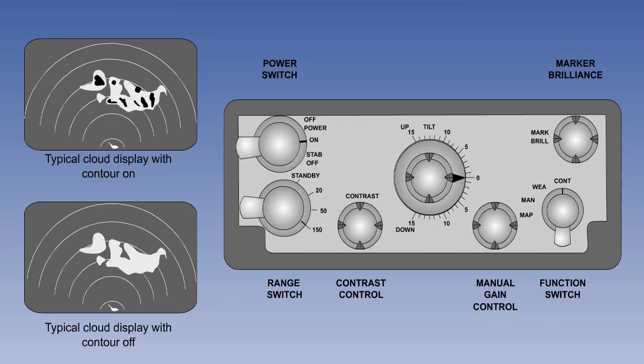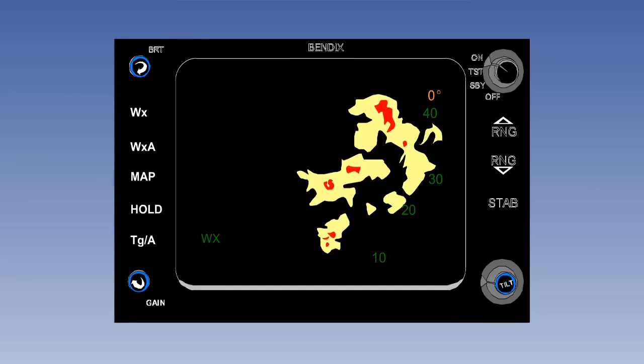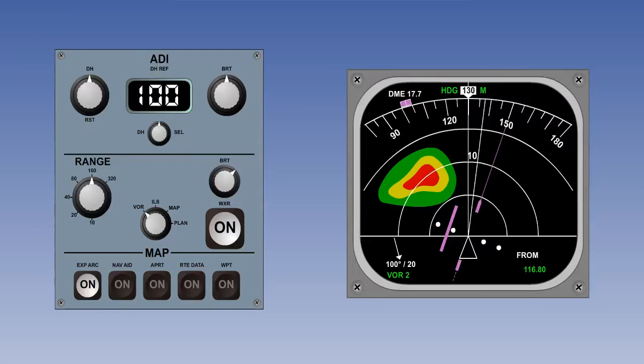The last of the function switch settings is the contour setting, which applies only to monochrome systems. It portrays in black the areas of most likely turbulence, like red and magenta on color radar. Modern color radar displays may be on a dedicated screen or shown on an EFIS display with other information.